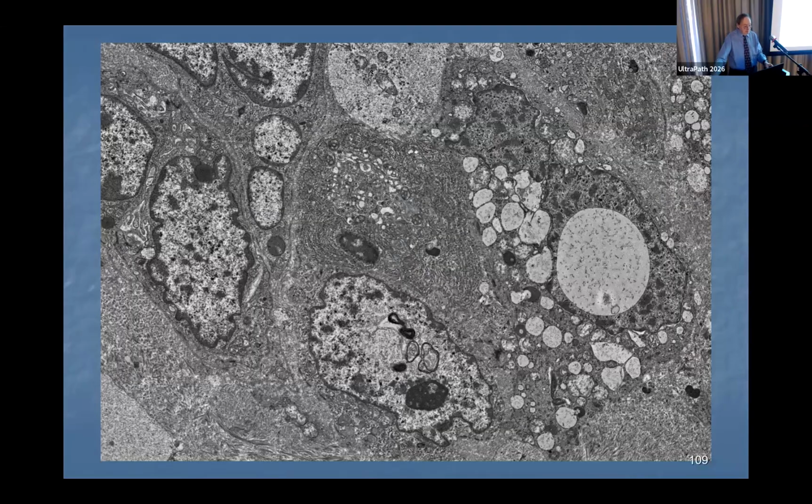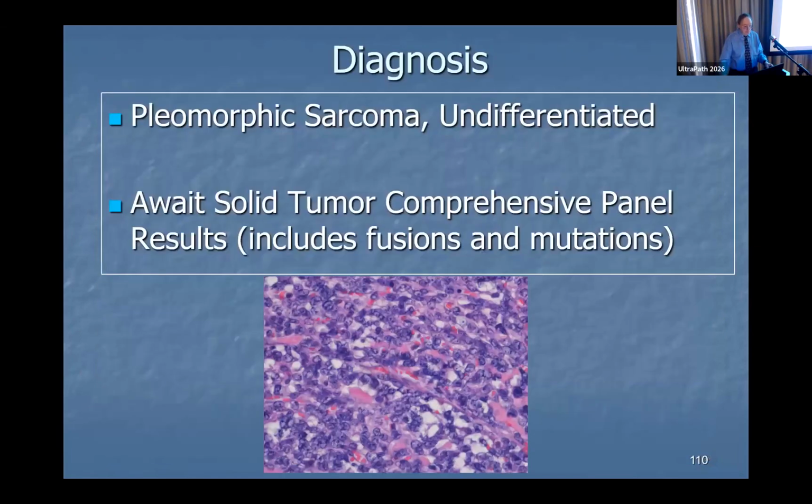So the cells prove that there are no ultrastructural defining characteristics, and this fits a pleomorphic sarcoma, undifferentiated type. I think the key with this is that it's the last chance you have to prove that this is undifferentiated, and that's very important to do.